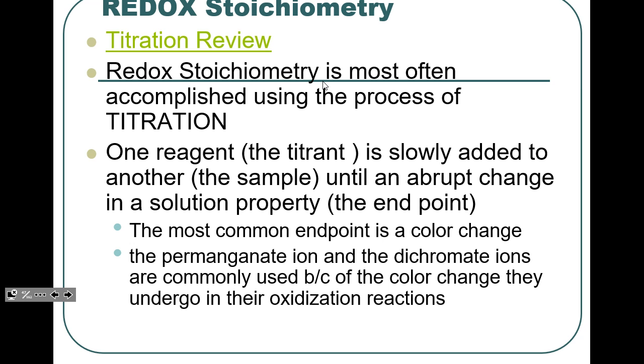So as I said, when we do redox titrations, we use the permanganate or dichromate because they have their built-in color changes. Plus, they are both very strong oxidizing agents.